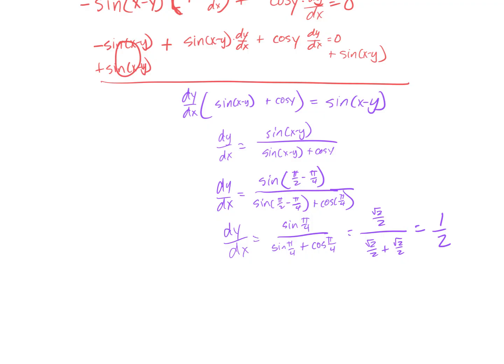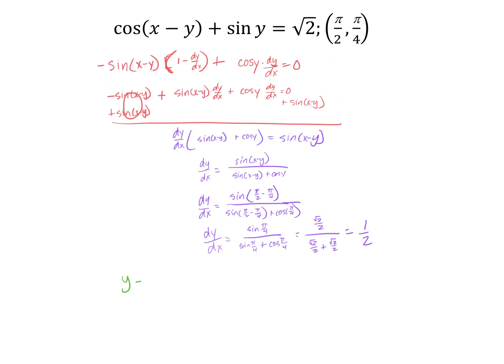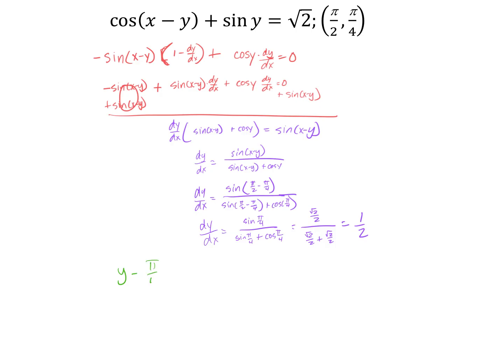We feeling okay? So y minus pi over 4 equals 1/2 times x minus pi over 2. That's my tangent.